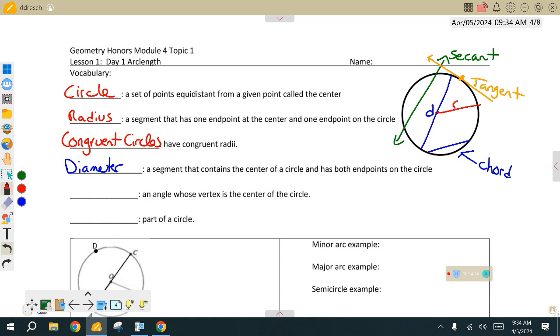And we talked about some angles. What do we call that one there? An angle whose vertex is centered on the circle. That is our central angle. Pretty obvious because, well, vertex is where?